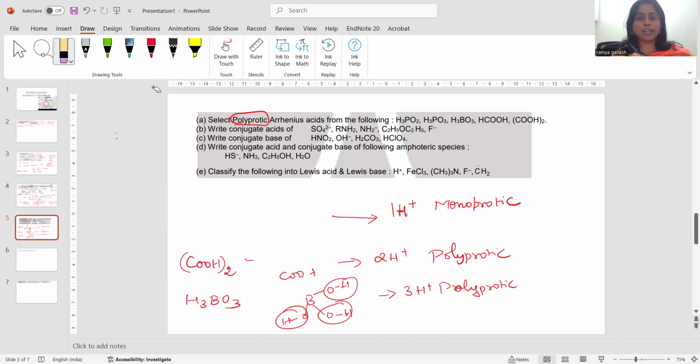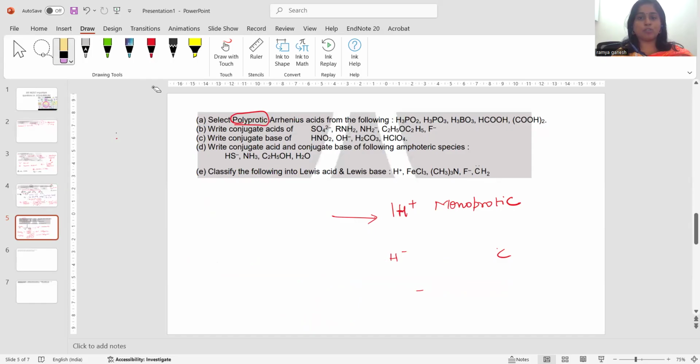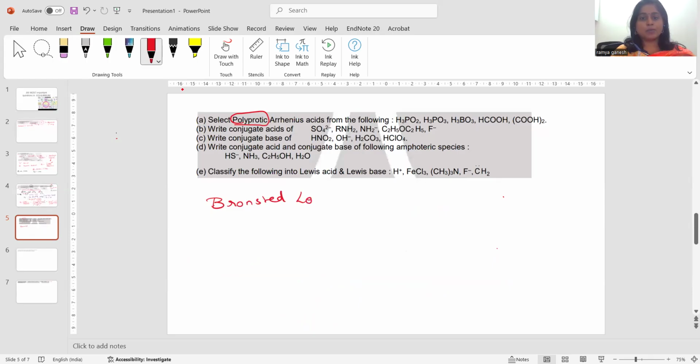Write the conjugate acid of sulfate. What do you mean by this conjugate? This is from what is called the Bronsted-Lowry theory. According to this theory, an acid releases H plus and a base accepts H plus.